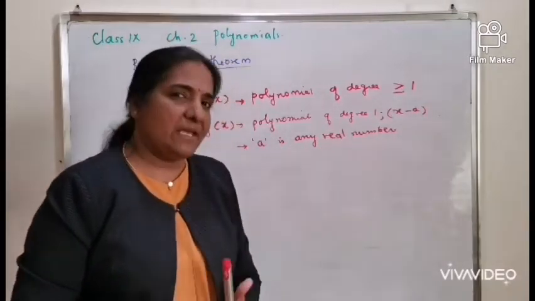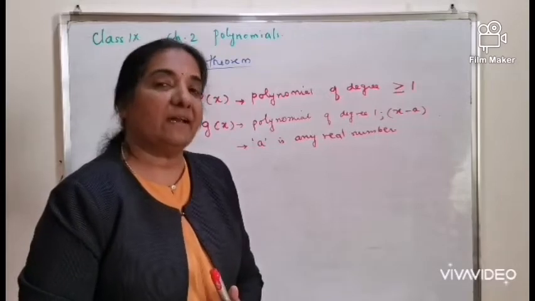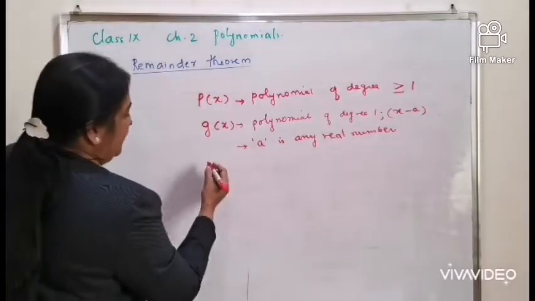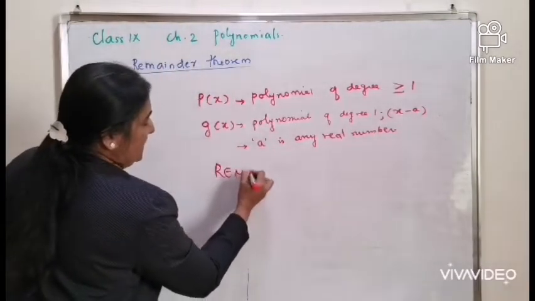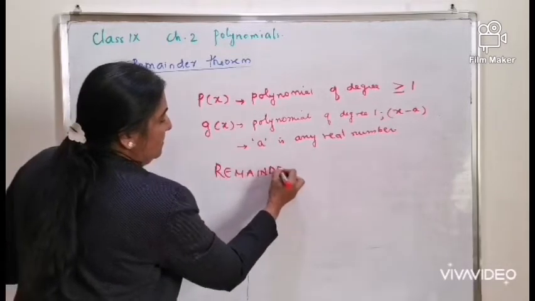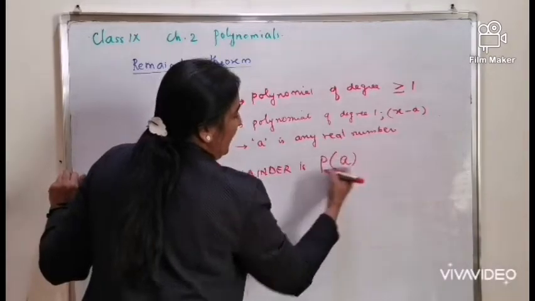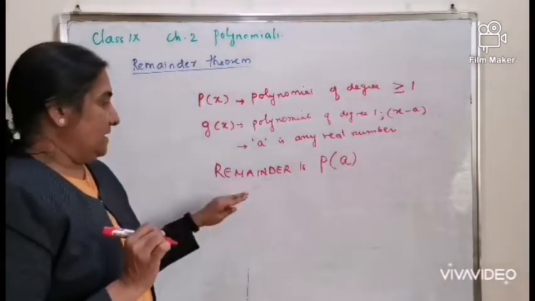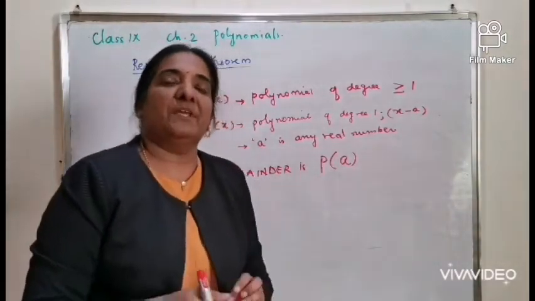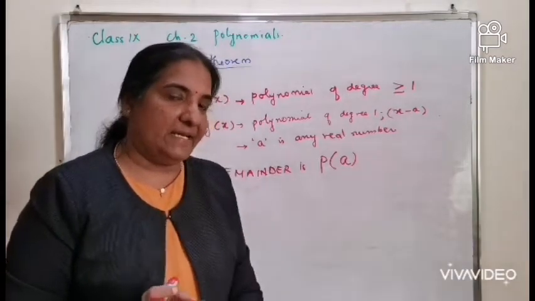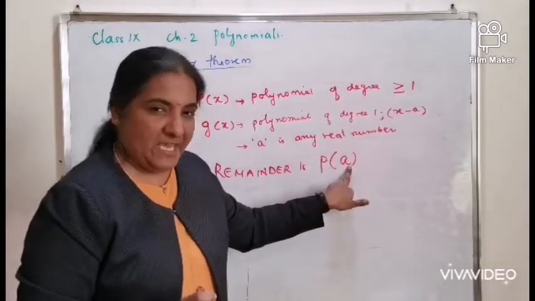That is, a can be any number in the real number system. The remainder is the value of p of a. Without long division, you can get the value of the remainder as p of a.